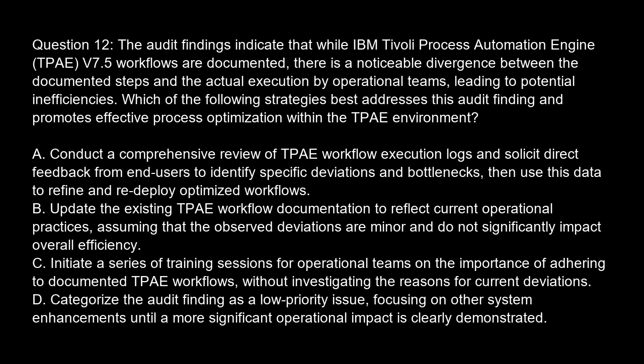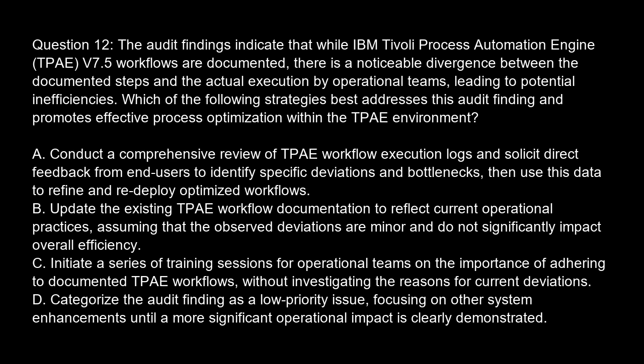Option A. Conduct a comprehensive review of TPAE workflow execution logs and solicit direct feedback from end users to identify specific deviations and bottlenecks. Then use this data to refine and redeploy optimized workflows. Option B. Update the existing TPAE workflow documentation to reflect current operational practices, assuming that the observed deviations are minor and do not significantly impact overall efficiency.